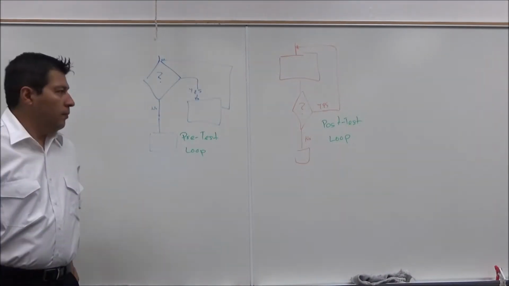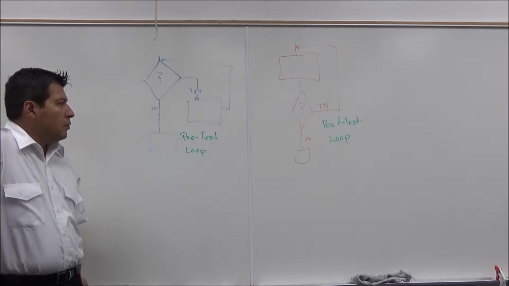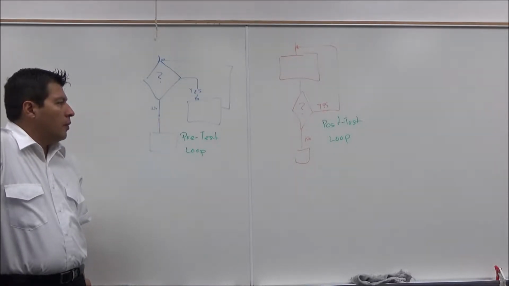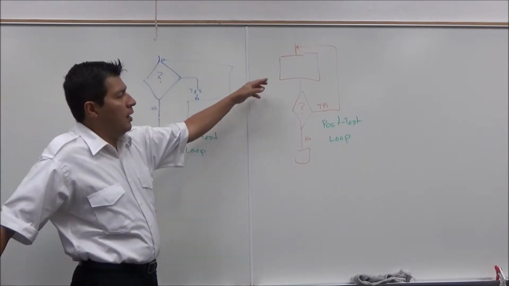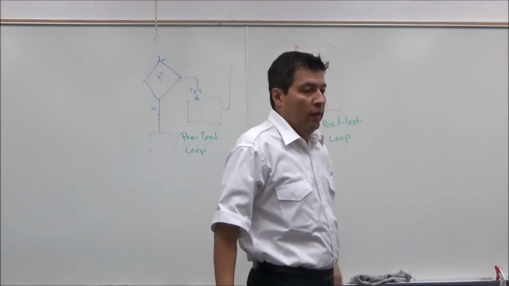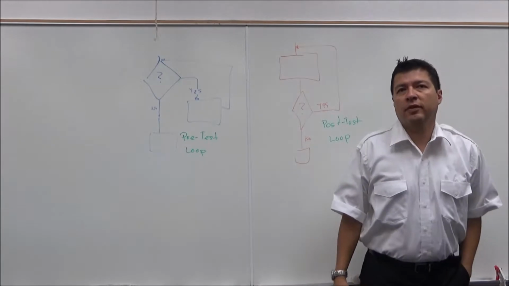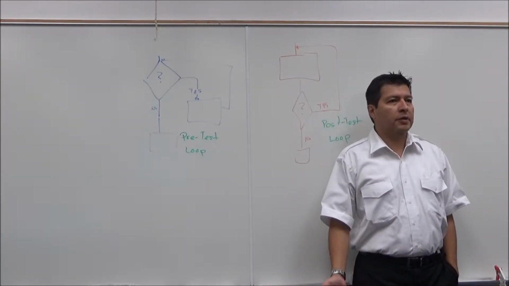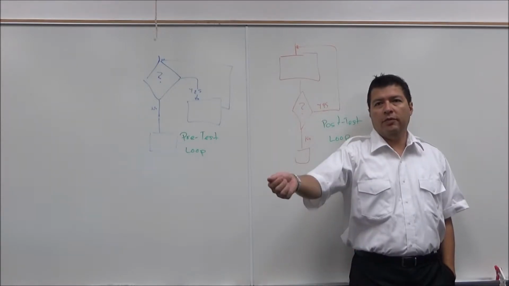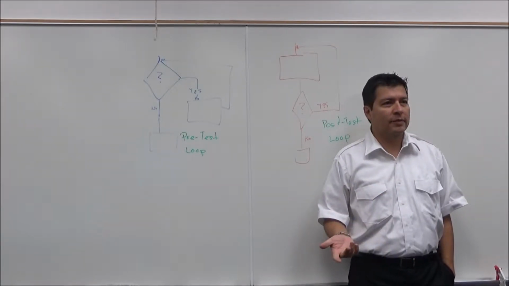So the idea is we have to execute the code at least once, and an example we're going to use today is, for instance, you are playing blackjack or something. You at least draw a pair of cards, right?